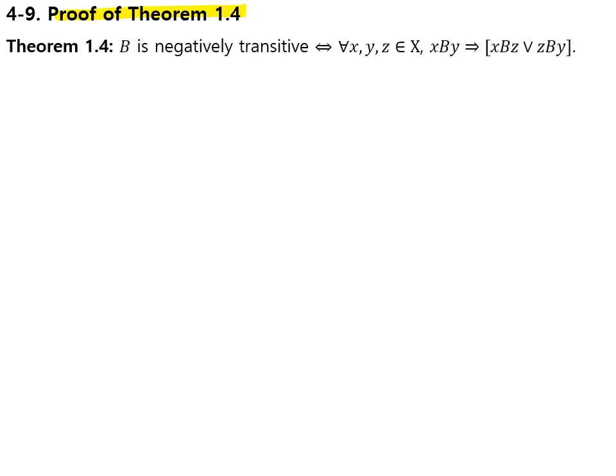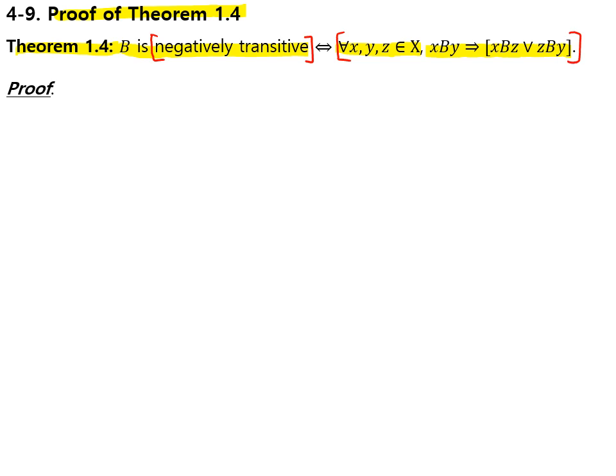All right, so now let's prove Theorem 1.4, which basically says that if a binary relation is negatively transitive, then for all x, y, and z, xBy implies xBz or zBy. Okay? What this statement is basically trying to establish is the logical equivalence of negative transitivity and this statement here.